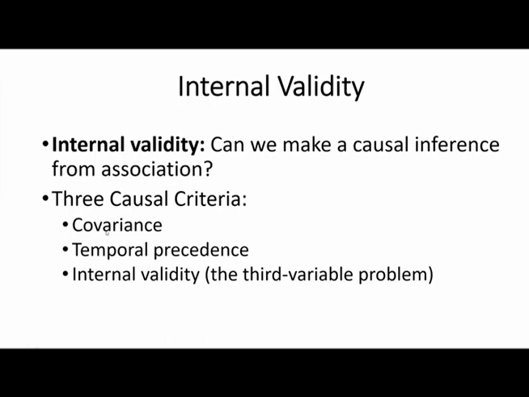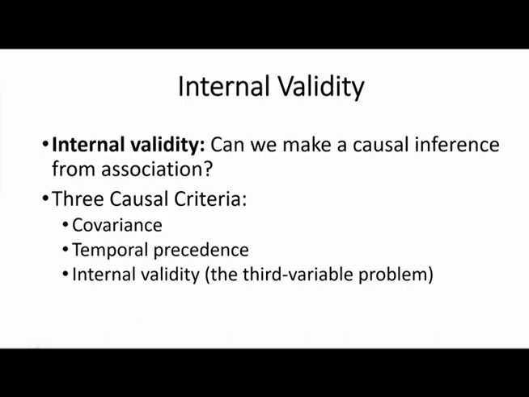And so these 3 things happen naturally when we get into experimental research, because we're manipulating things and we can make them happen. But when we're still looking at associations, when we're still looking at correlations, these causal criteria have to be evaluated sort of one at a time, and we aren't always going to see them all.